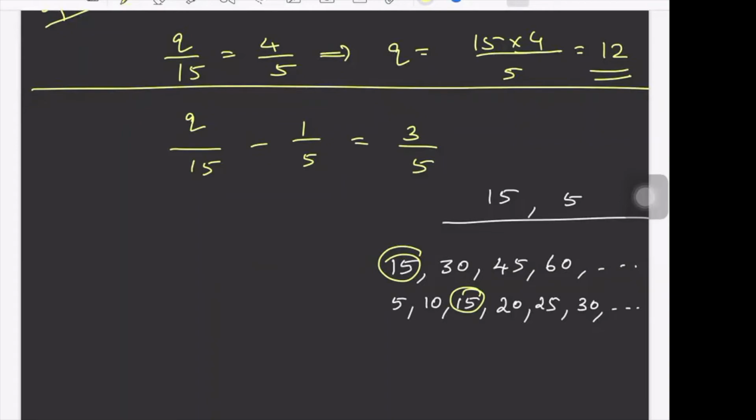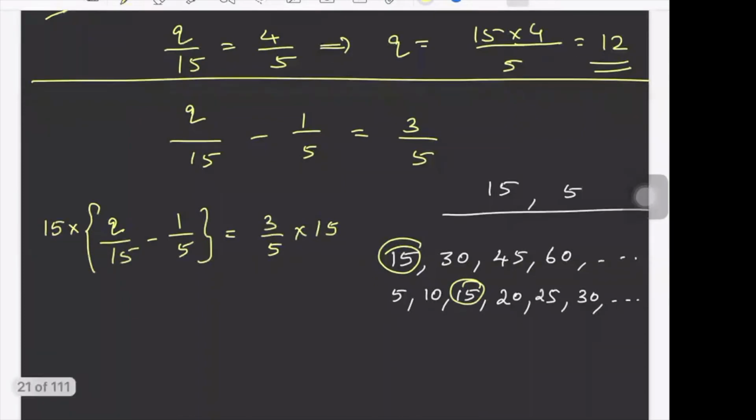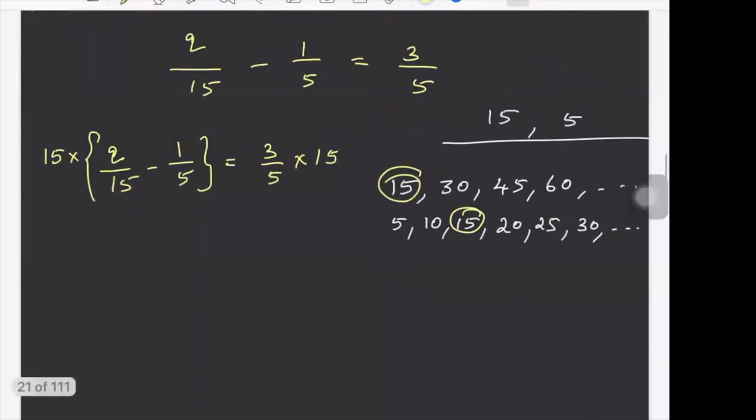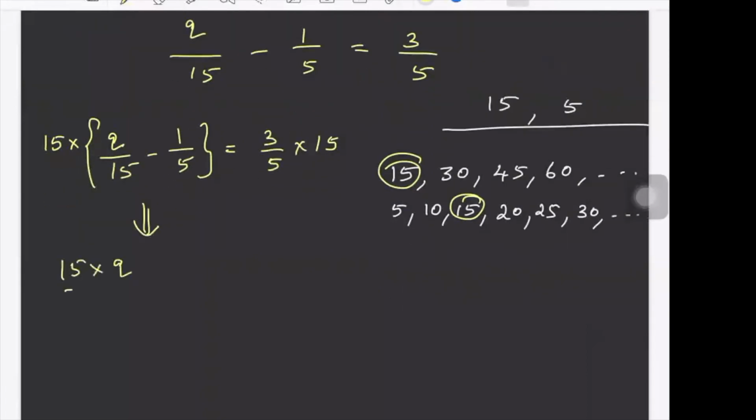You multiply the entire expression with the least common multiple. Now you can distribute. So this is 15 into q divided by 15 minus 15 by 5 is equal to 3 into 15 divided by 5.